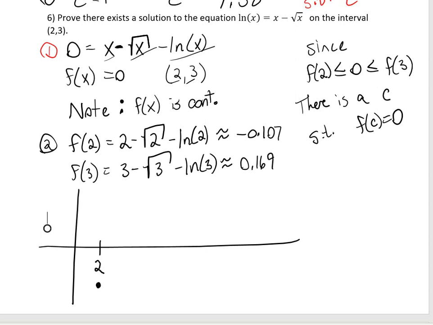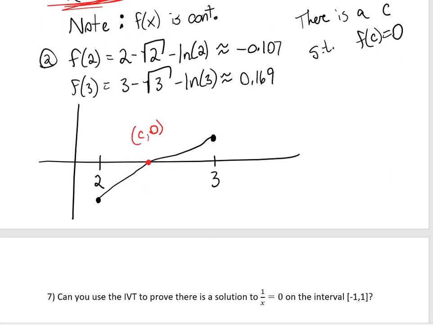If I plug 3 into my function, I'm going to get 0.169, so somewhere above. Since my function is made up of continuous functions, I can't draw a line from 2 to 3 without crossing here at some point c, where my y value equals 0, which is what I wanted.